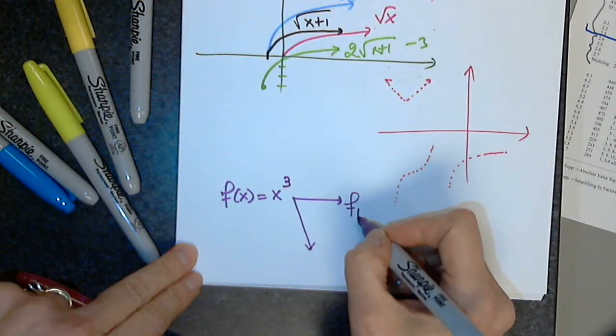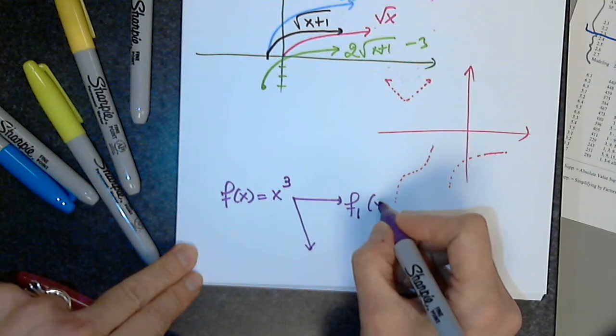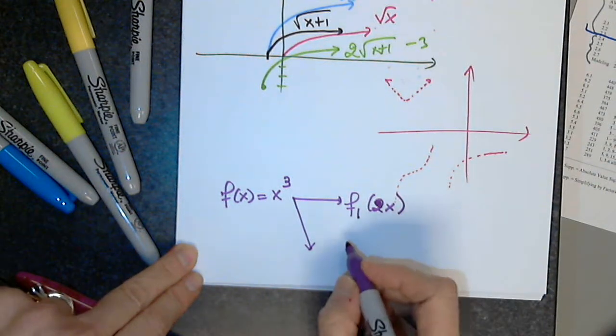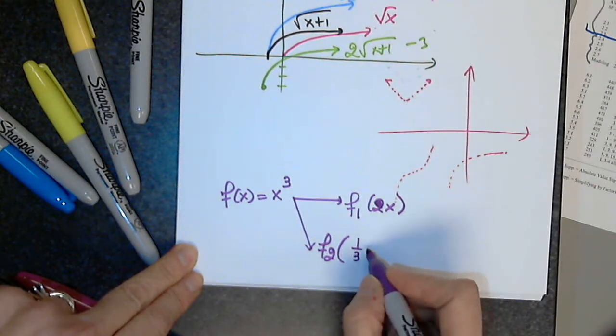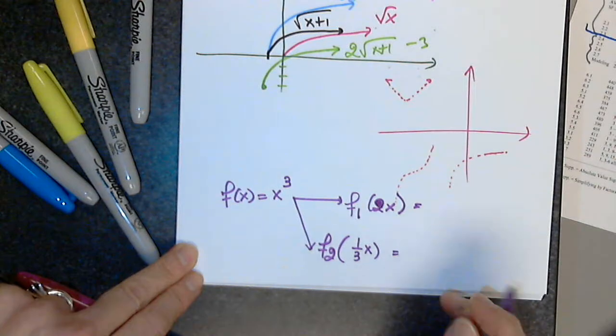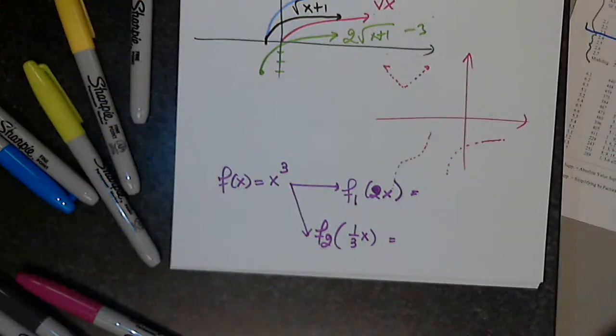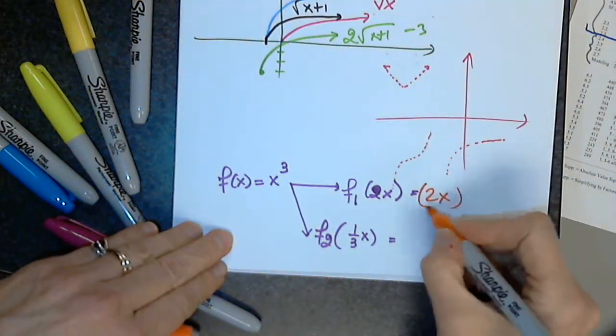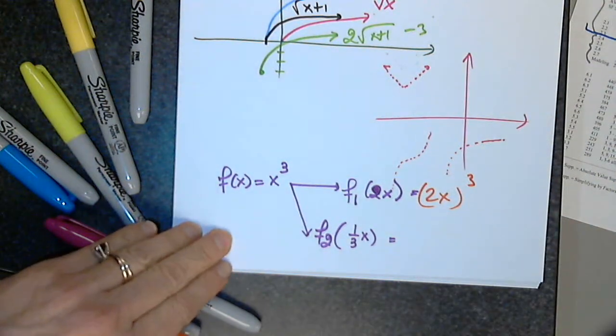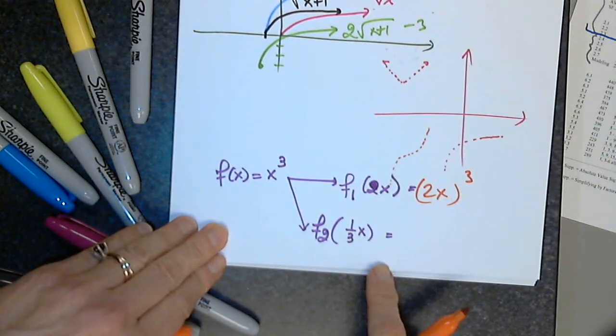I'm going to call it f1 of 2x, and I'm going to call it f2 of 1/3 x. What would you write? How will you determine these two functions? Awesome. That's all I need you to say. And I'll come back to it in a minute. And what about the other one?